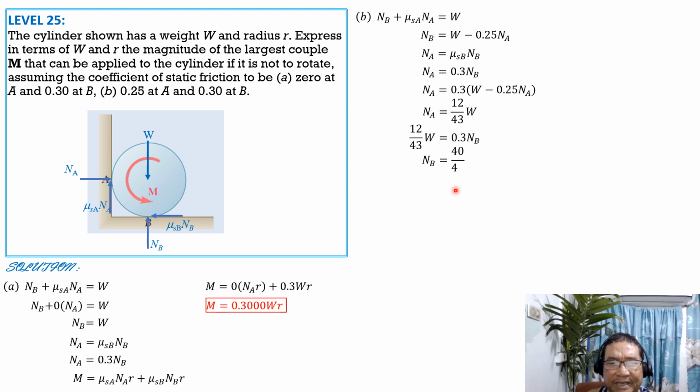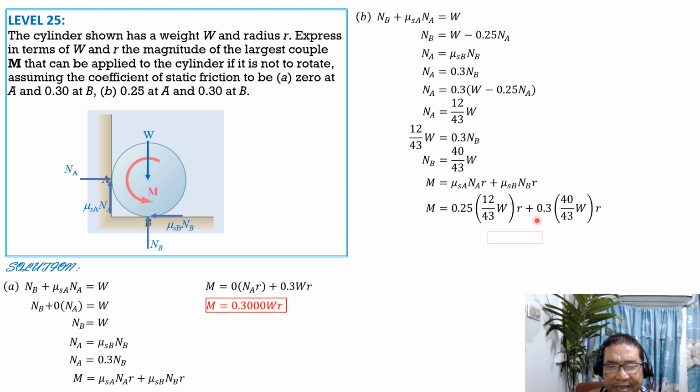That means N sub B is equal to 40 over 43 W. Finally, substitute into this equation here to solve for moment M. So moment equals mu sub SA N sub A times R plus mu sub SB N sub B times R. So M is equal to 0.25 times the quantity 12 over 43 W times R plus 0.3 times 40 over 43 W times R. Combining, M is equal to 15 over 43 WR, and that is approximately 0.3488 WR to 4 significant figures.